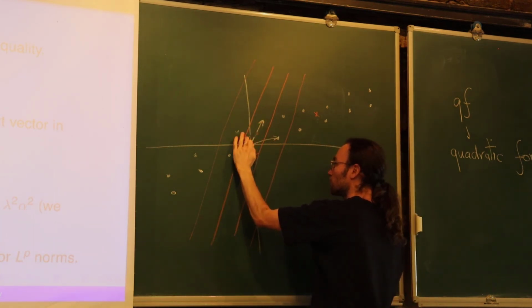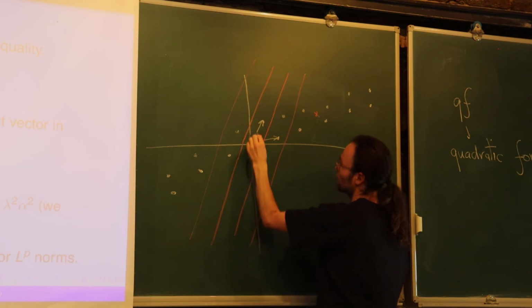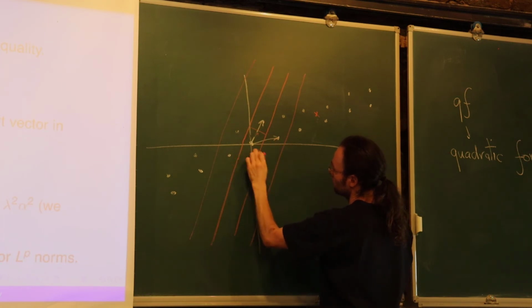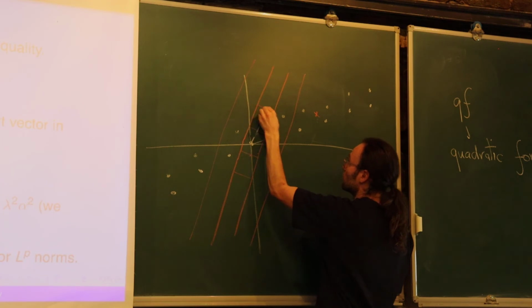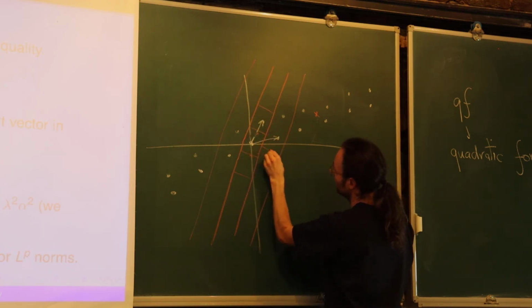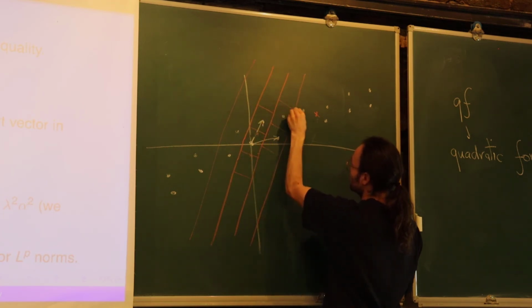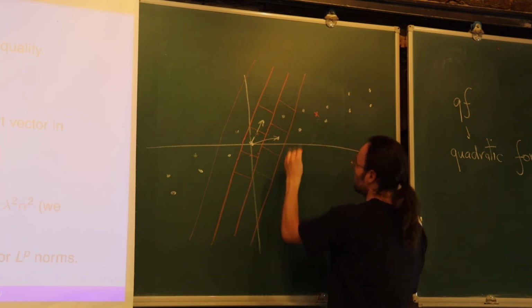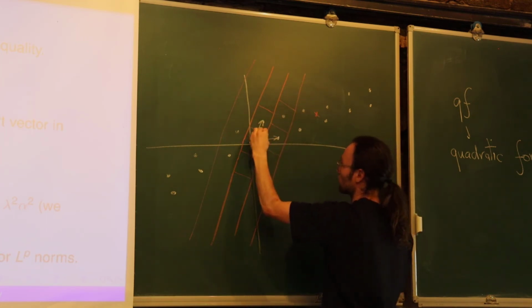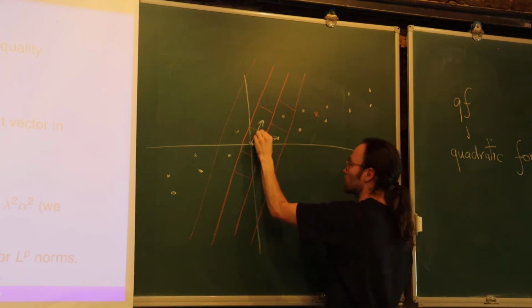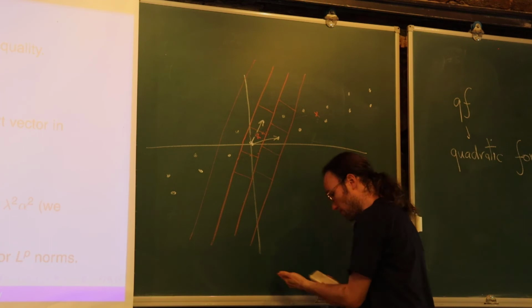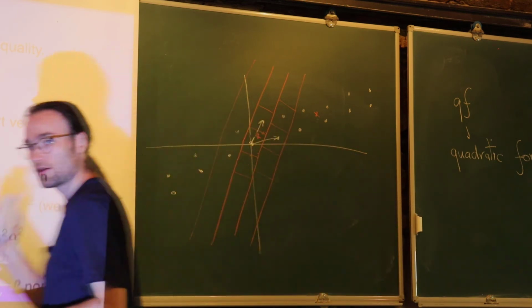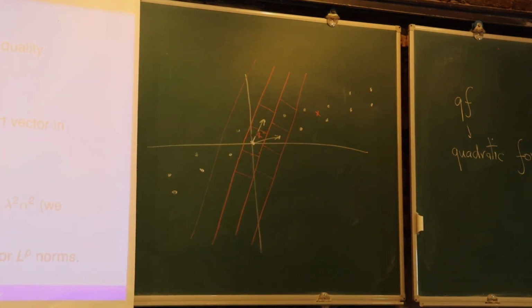And so you will get something more like this. It will produce things that are a bit more rectangle-like, something like this. And you can reduce your point to here. And so this gives a better approximation than the basic take the coefficients and round them algorithm.